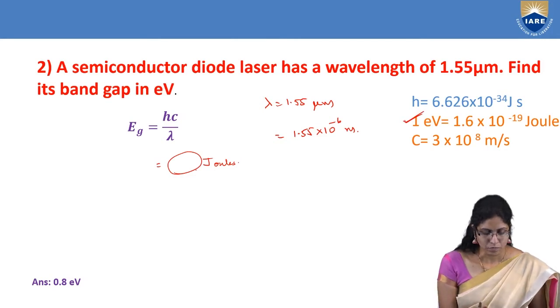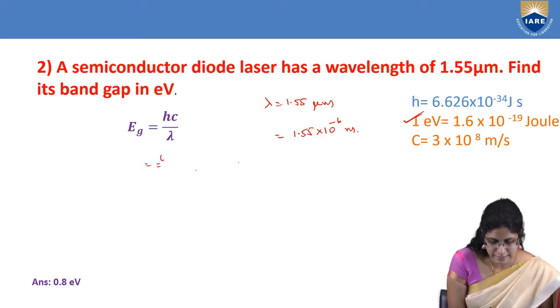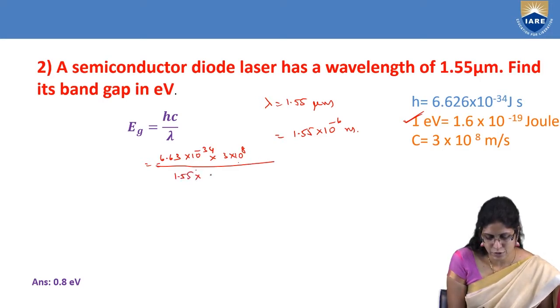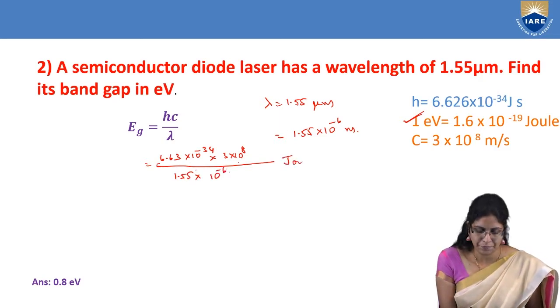Suppose you want me to do it for you. So what do you get? 6.63 into 10 to the power of minus 34 into 3 into 10 to the power of 8 by lambda, which is 1.55 into 10 to the power of minus 6. This is in joules.